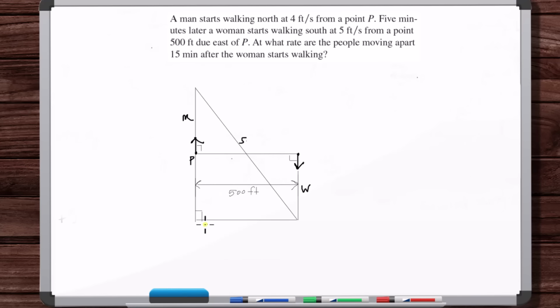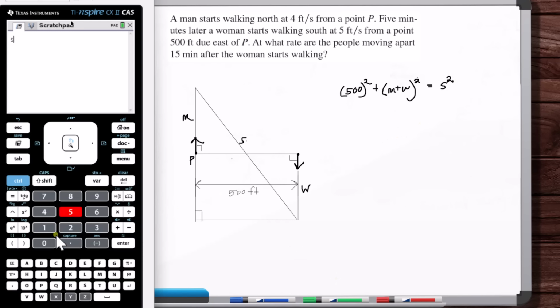We know that this side is 500, and we know that this side length is M plus W. So we can say that 500 squared plus M plus W squared is equal to S squared.